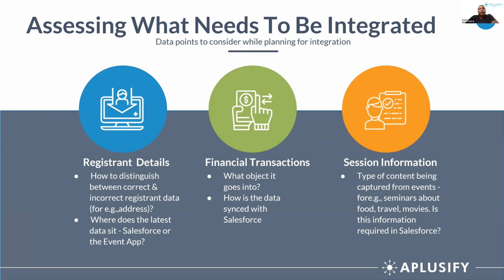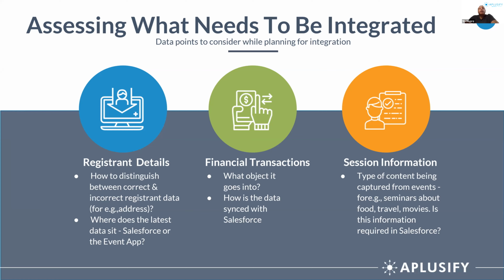You have registrants who are in your AMS and in your event management system. Then you have financial transactions, and session information about the event. Now you want a clear-cut picture of which data you want to move from one system to another, and which data you don't want to move.